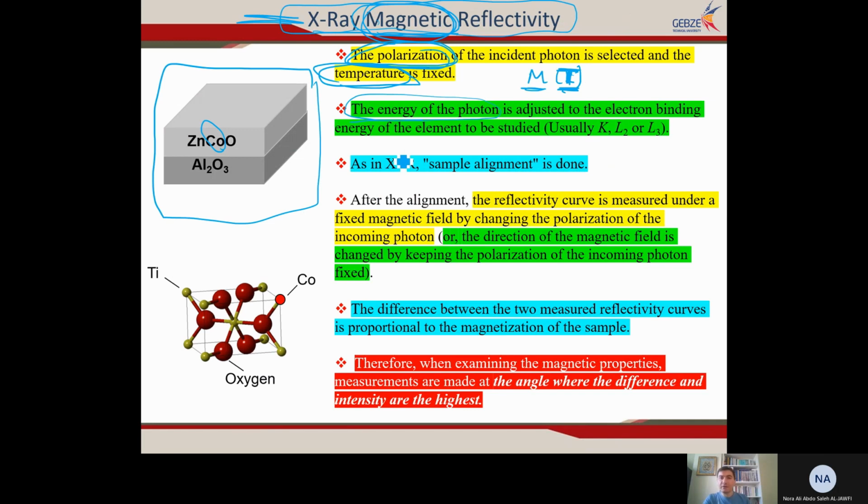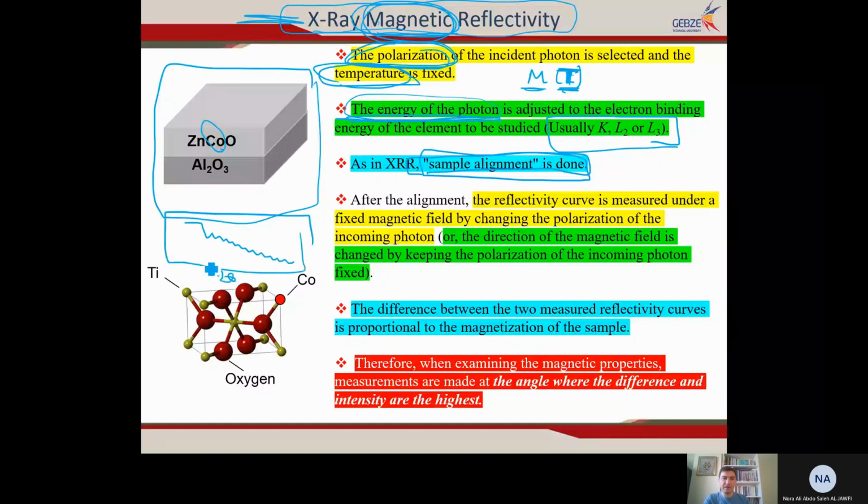And then you have to carry out sample alignment, okay? I discussed the sample alignment during the last lecture. You have to repeat the same procedure of sample alignment also here. And after the alignment, you measure the reflectivity curve. You remember from the last lecture, you measure the reflectivity curve.